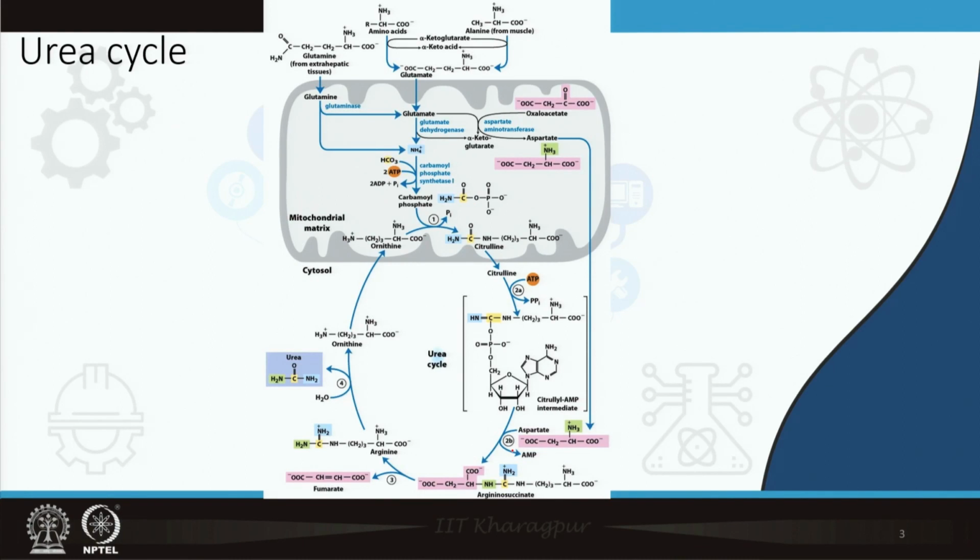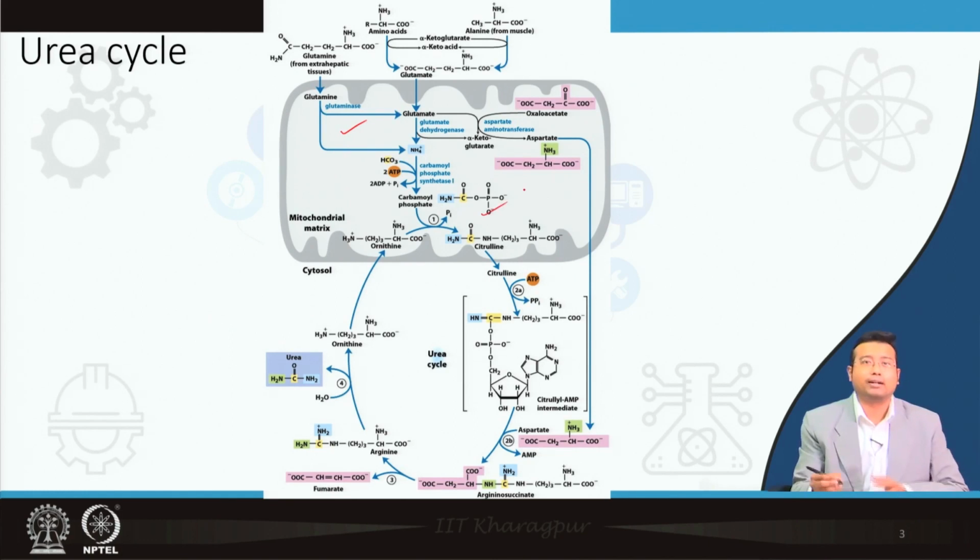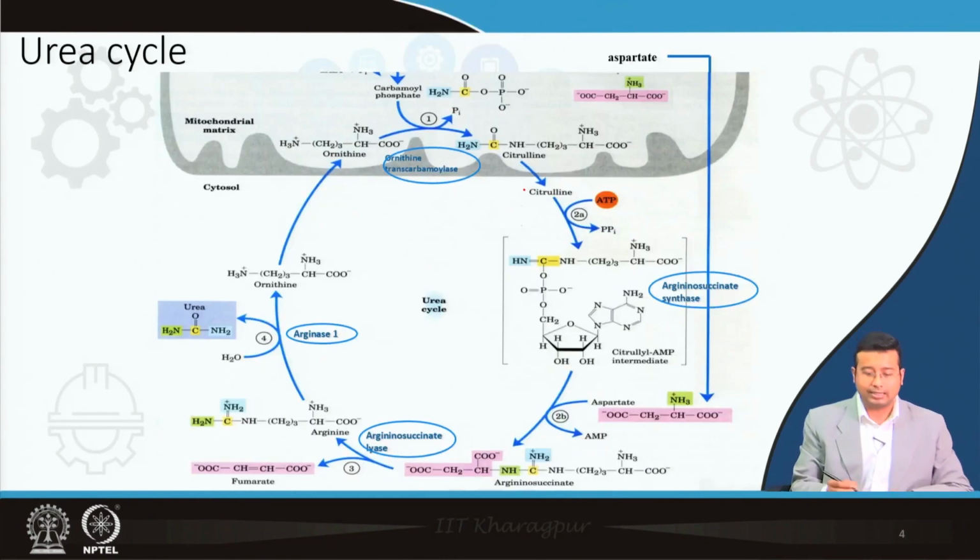So, we have already learnt how urea cycle is taking place. We have learned how all the nitrogens are entering into the mitochondria, how they are getting prepared to participate in the urea cycle, and ultimately each and every step. Just for recapitulation, these are the important enzymes.